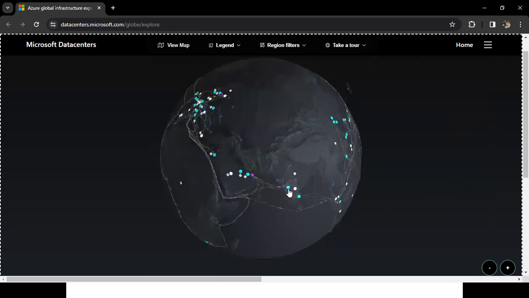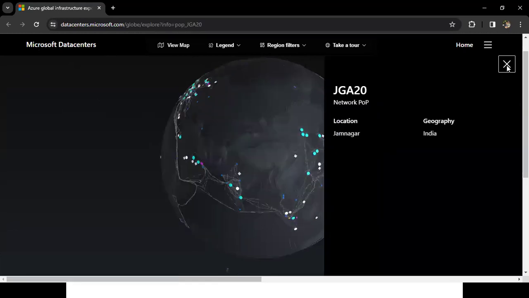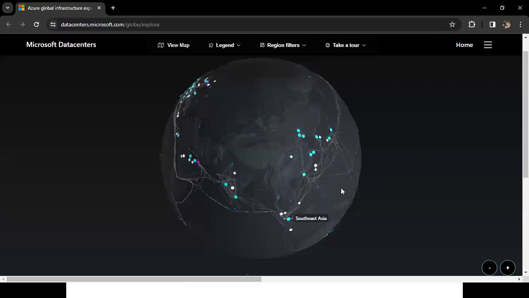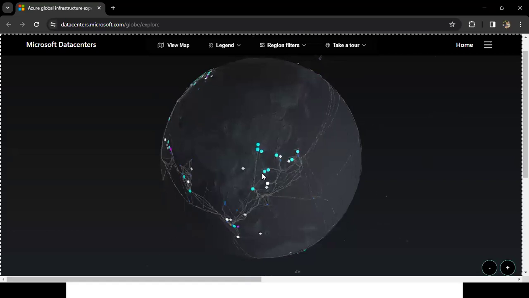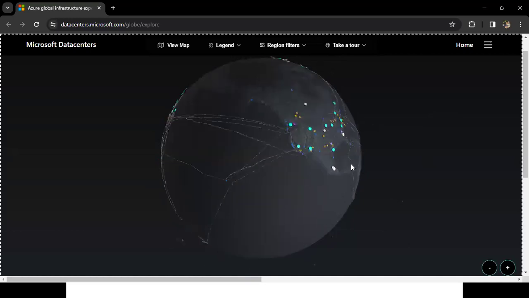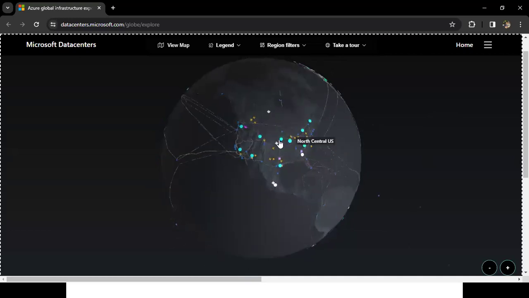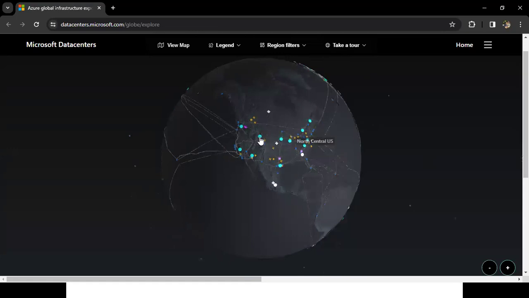This is the India one I'm getting here. These blue dots are regions. In Canada they have regions, and in the US also.